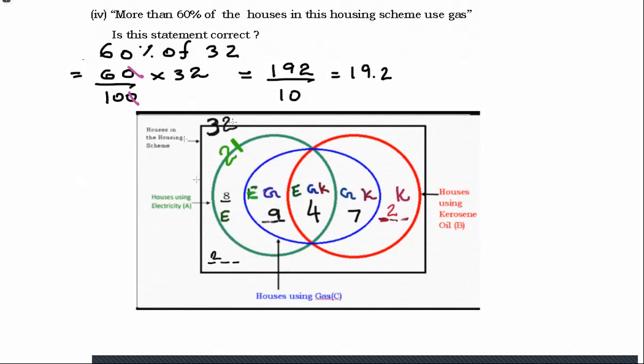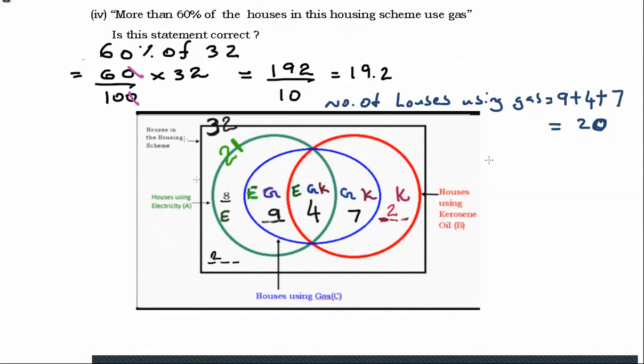Then you can write the number of houses using gas. How much is that? 9 plus 4 plus 7. All of those houses use gas. That's 20, right?